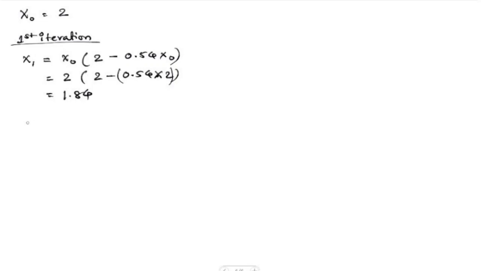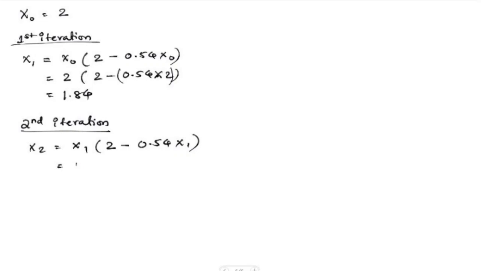Now for the second iteration, we'll again use the same formula. So x2 is equal to x1 times 2 minus 0.54 times x1.